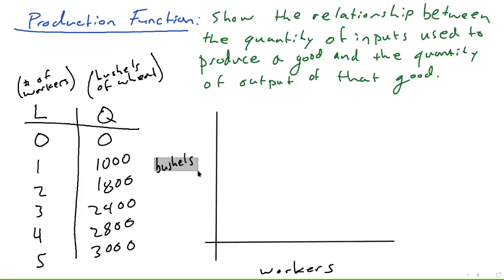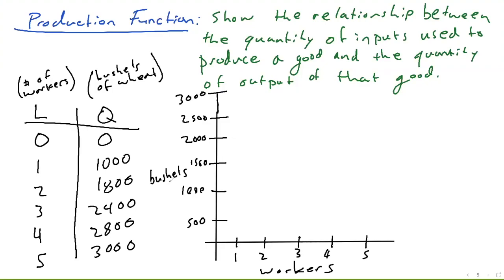So this is in table form, but we can also graph this. And we plot this just like any other table we've plotted in the past. We've got 0, 0, 1, 1,000, 2 and 1,800, 3 and 2,400, 4 and 2,800, and 5 and 3,000.